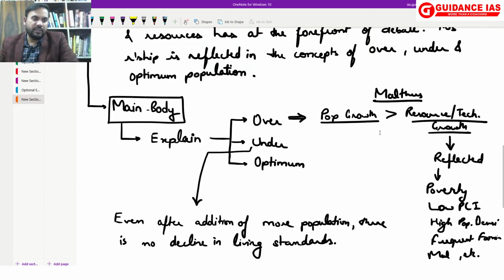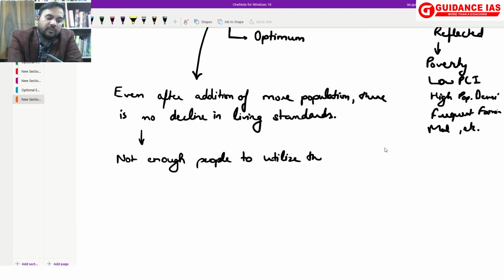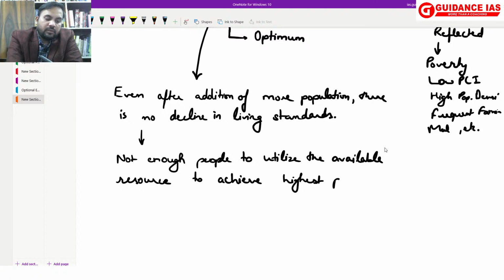Essentially, it is a situation where there are not enough people to utilize the available resources to achieve the highest possible living standards.